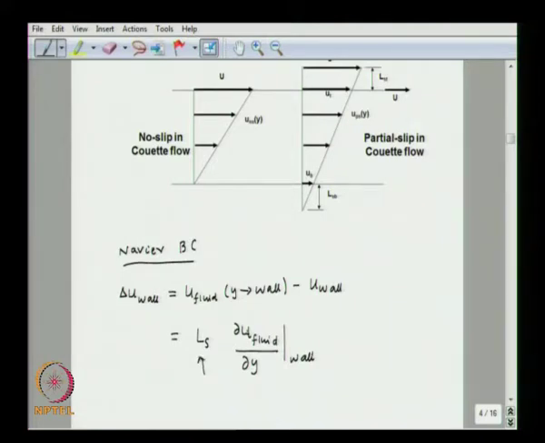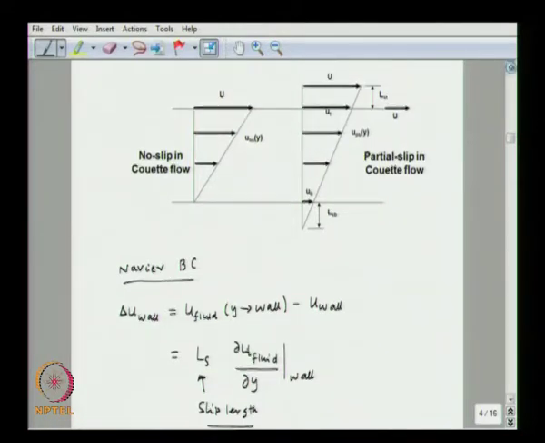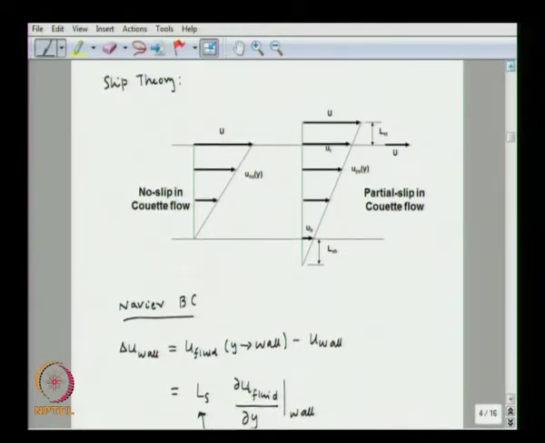For now let us just write Ls, and Ls is known as the slip length.